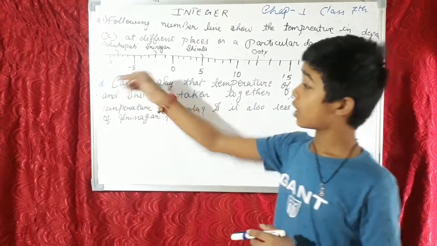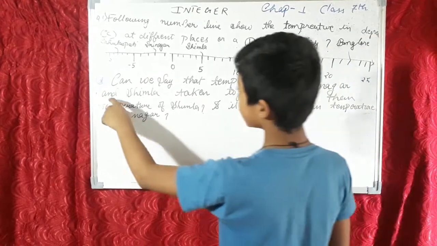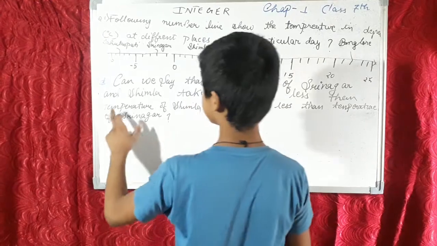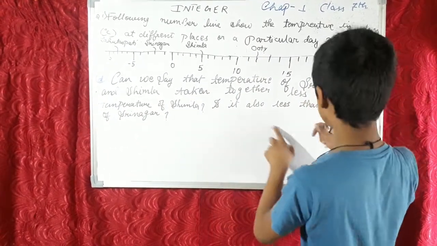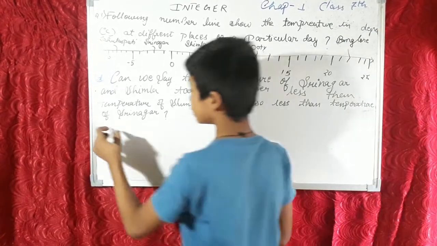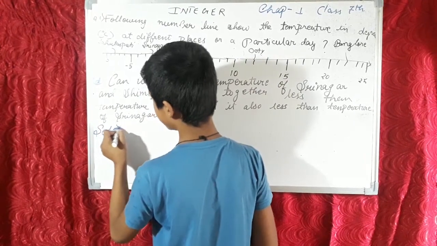So friends, now we will do part D of the question. Can we say that the temperature of Srinagar and Shimla taken together is less than the temperature of Shimla? Is it also less than the temperature of Srinagar? So we will write here Solve. Now we will do the question.